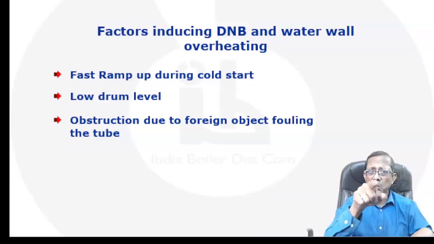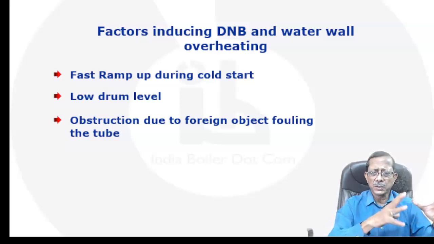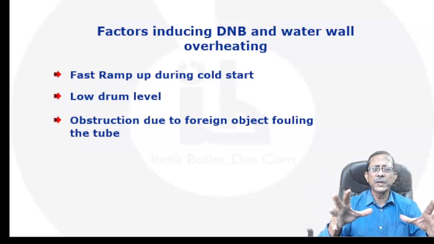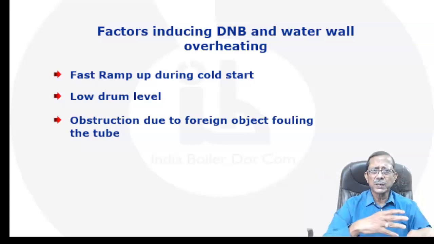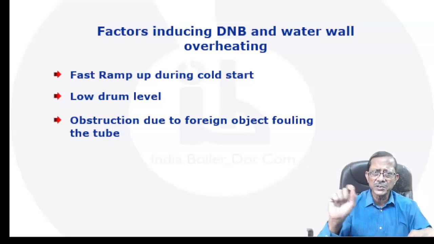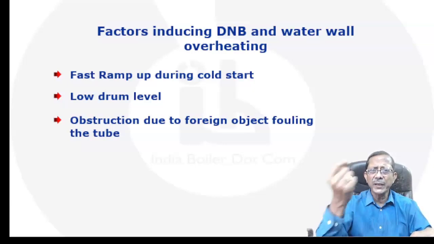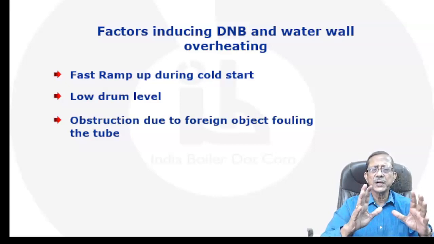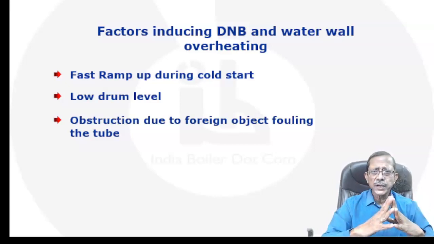Now cotton waste is the most dangerous thing. He should come out with more or less the same amount of cotton waste. You take one pen inside, you come out with one pen. This kind of inventory check helps in maintaining the water wall health in terms of obstruction due to foreign objects. Sometimes it happens accidentally, but accidents happen.